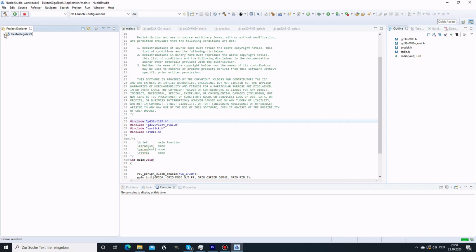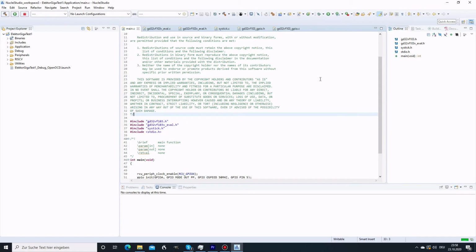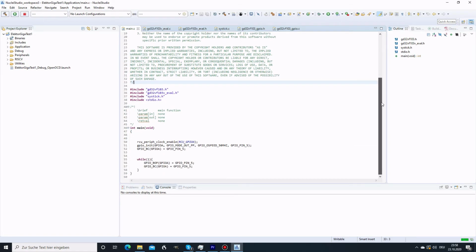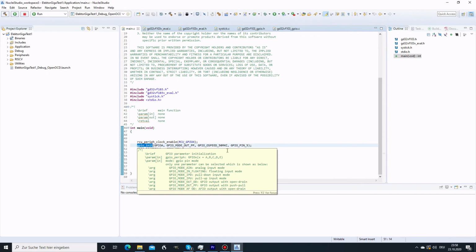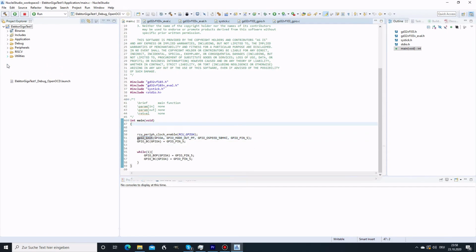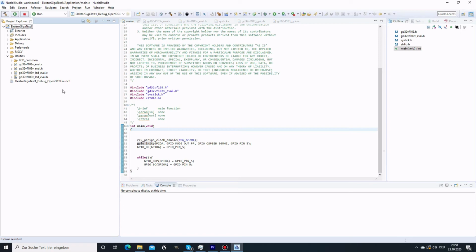For example, I have a small project which I have left over. Here you can then select any connected targets. And you see here, for example, the int main. It's a Blink program and it uses these macros. You see GPIO init with some parameters. It's basically a classic Eclipse-based development environment, just as you would expect it from other vendors.